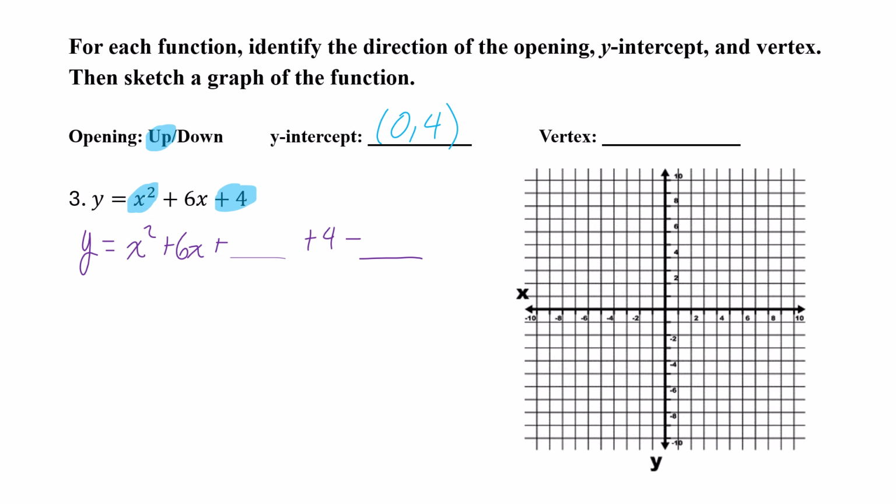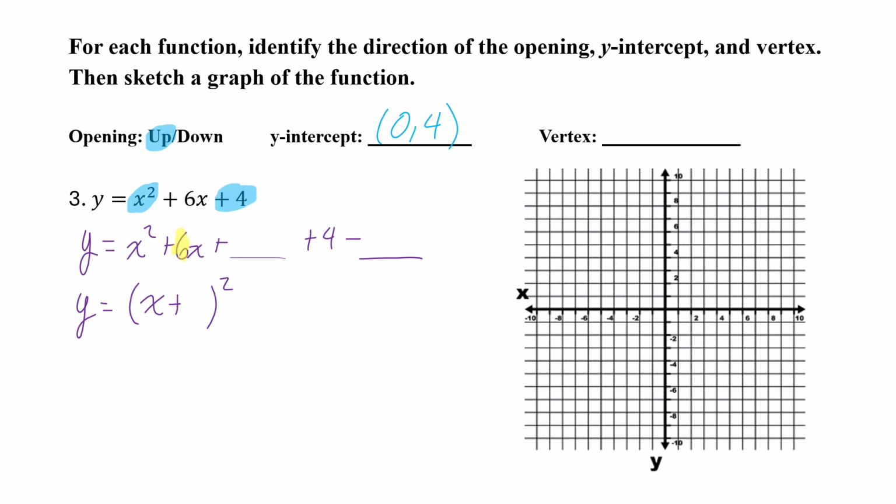When we complete the square, we always start with the b value. So we're starting with 6. Our factored form is going to be x, since it's positive, plus something squared, and then we're going to simplify what's outside.